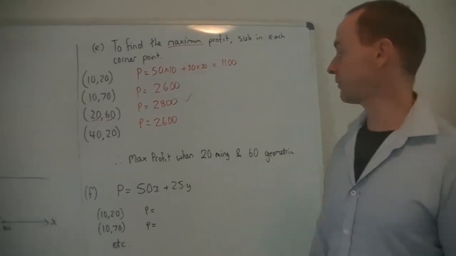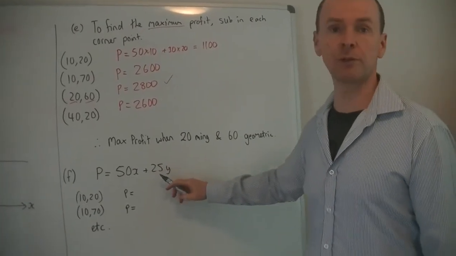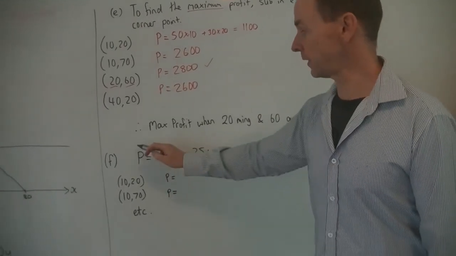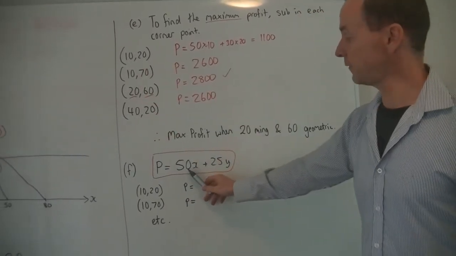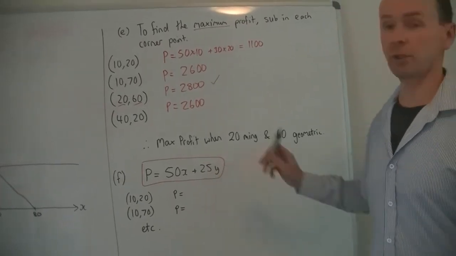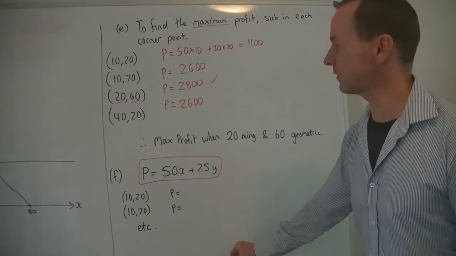Part F just says, for some reason you can only make a profit now of $25 for the geometric ones. Now write an equation for the profit. So it's exactly the same as the objective function for the last one. $50 profit per Ming vase, but you only make $25 for each geometric one. You write down the 4 corner points and do the exact same process.